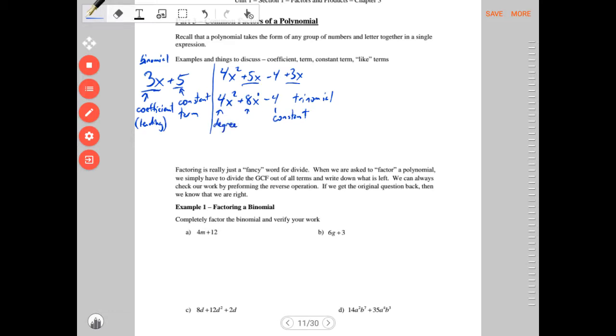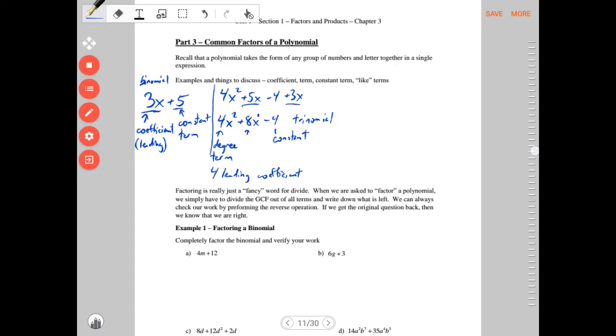The degree is the highest exponent, so degree 2. And the 4 is then called the leading coefficient. Not a big deal. So negative 4 is the constant, 8 is a coefficient, but 4 is the leading coefficient. Okay, so that's a trinomial.